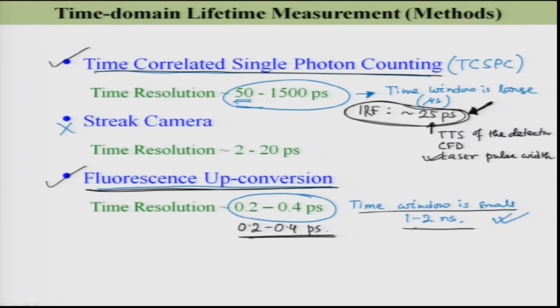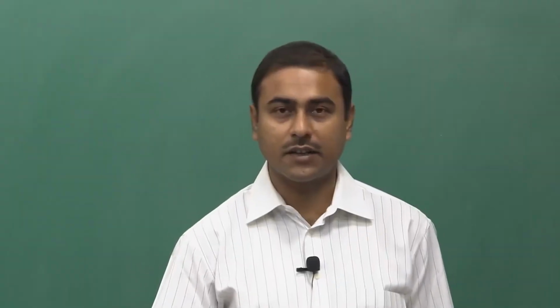Even if I change the laser pulse width from 20 picosecond to 20 femtosecond, I have already shown you that there will be no change in the IRF, because the IRF is mostly guided by these two. And you cannot buy a better detector than the one that has been used to get this 25 picosecond IRF.